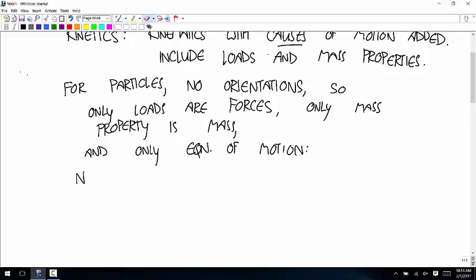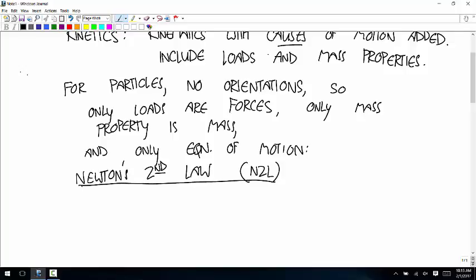Newton's second law, I'm going to abbreviate that N2L. And Newton's second law says add up all the forces acting on an object.